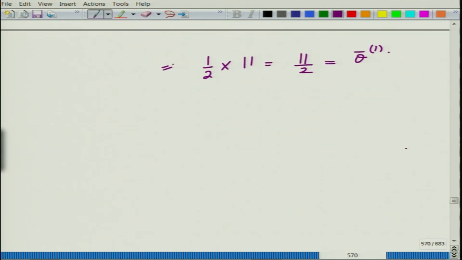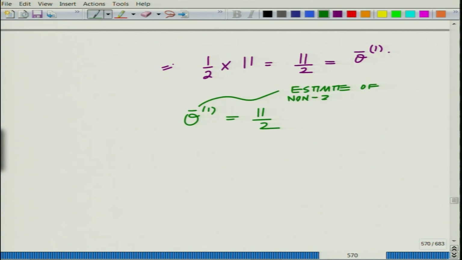So, this is basically your theta bar 1. So, the estimate of theta bar in the first iteration.